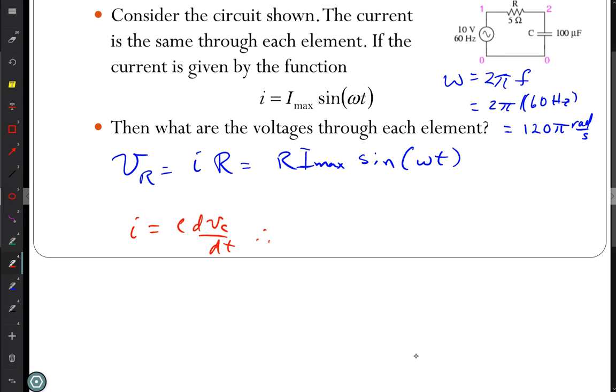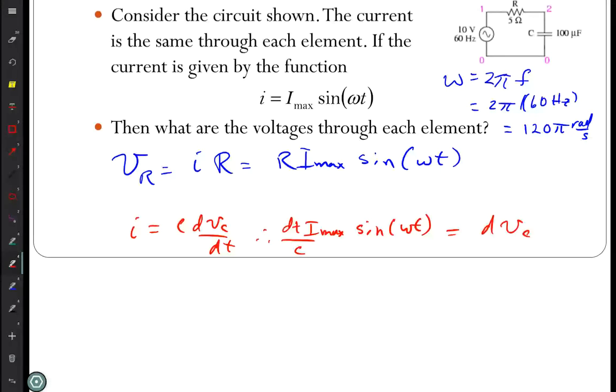So I'm going to have my current is I max sine of omega t. I'll multiply the dt across. So I'll have dt there. I'll divide by C because I like to. And so there I solved it for dVc.